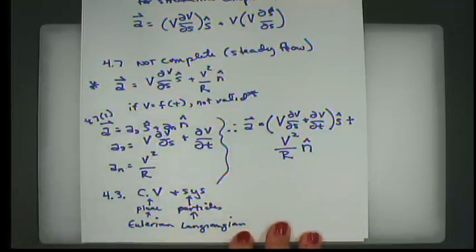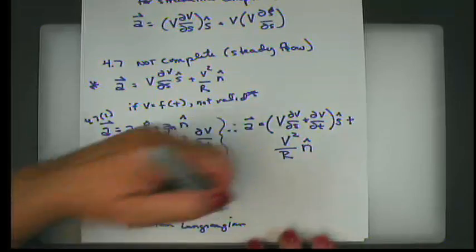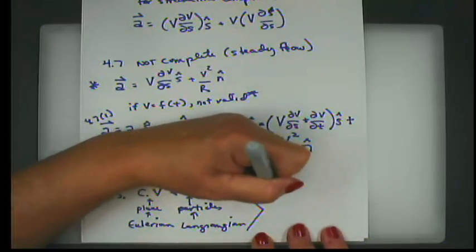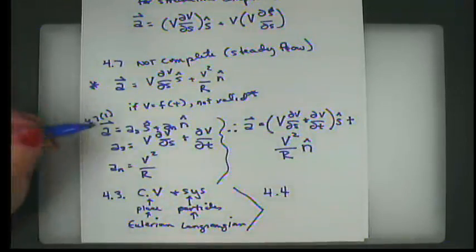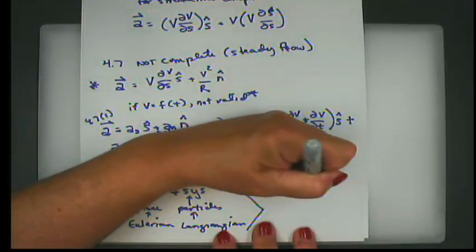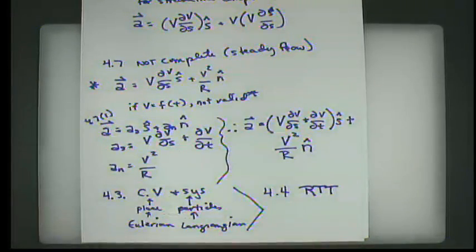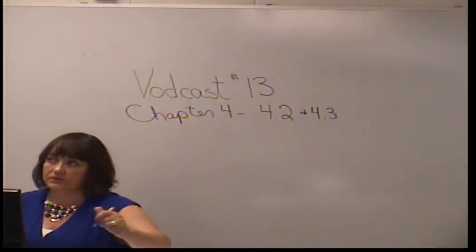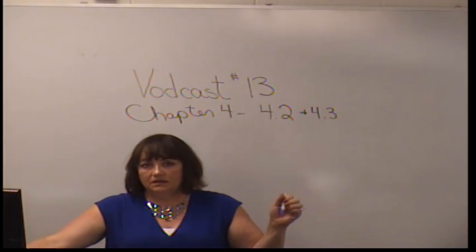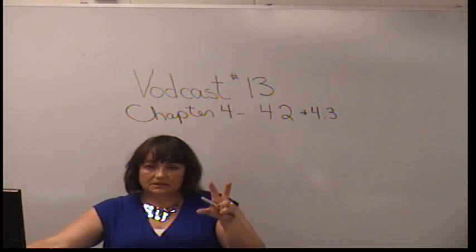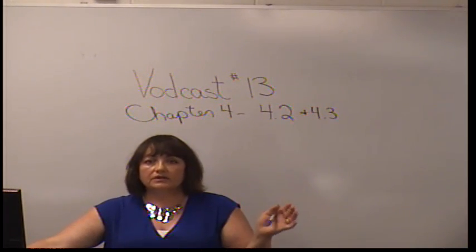And what section 4.3 does then is set us up for section 4.4, which we'll discuss next time, the title of which is the Reynolds transport theorem, RTT. Reynolds transport theorem is really the bridge between looking at a system and looking at a control volume.